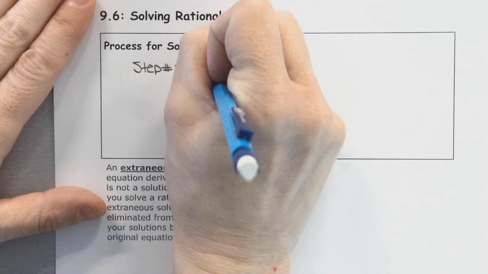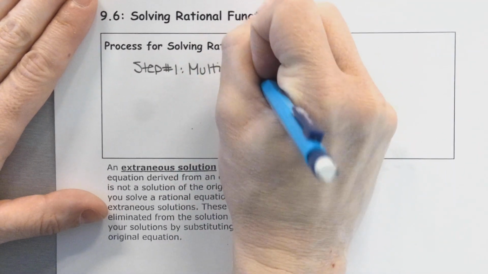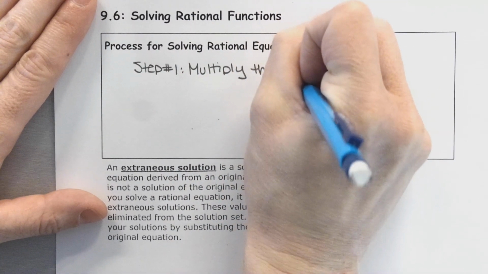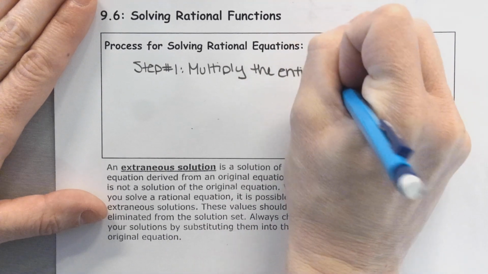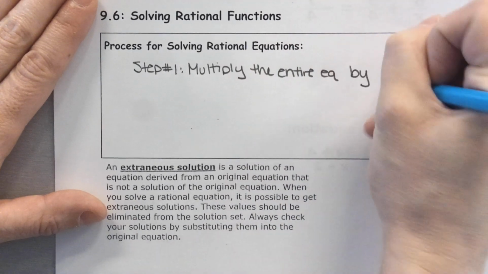So multiply the entire equation by anything you see in the denominator.